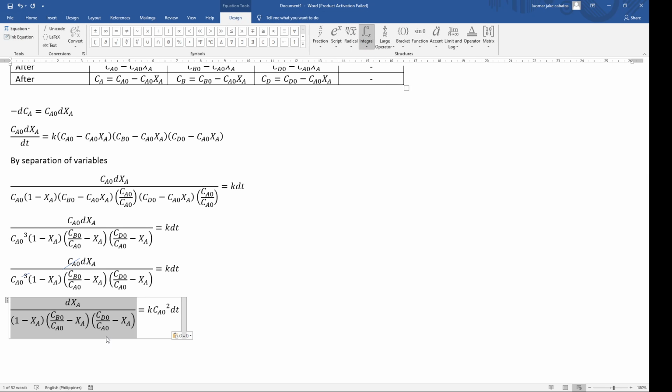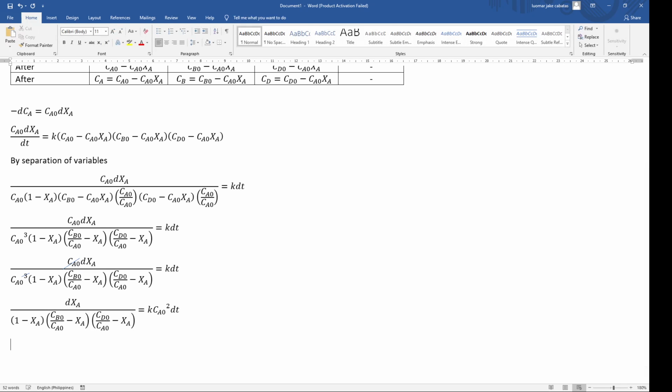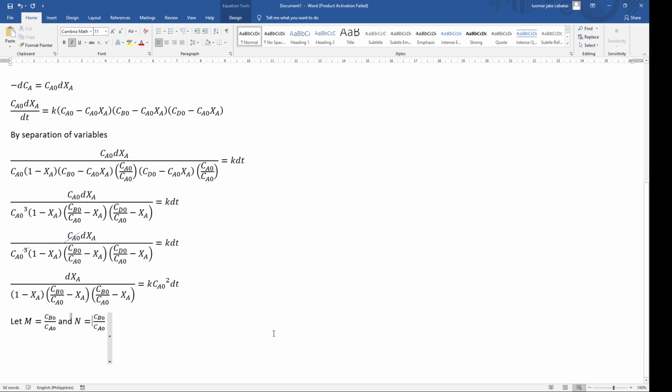And then we can integrate. Or first, to make the integration easier and to have fewer variables, we could let M be equal to that, and N be equal to that one.